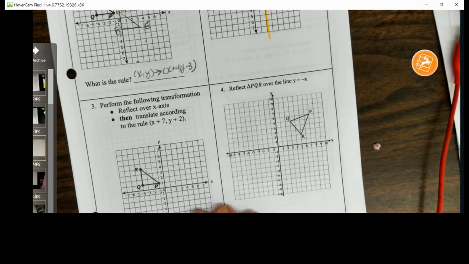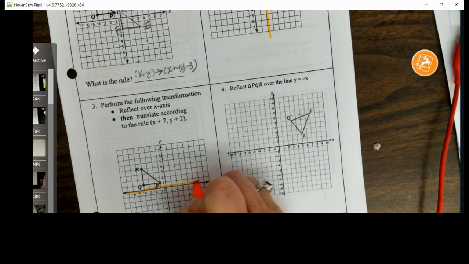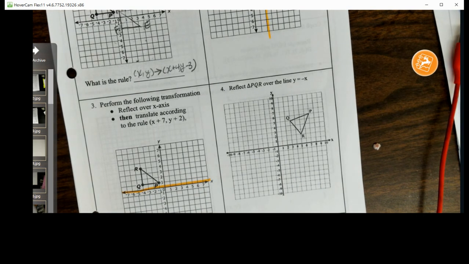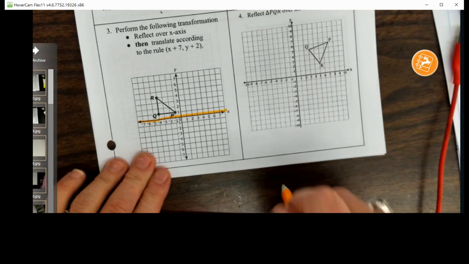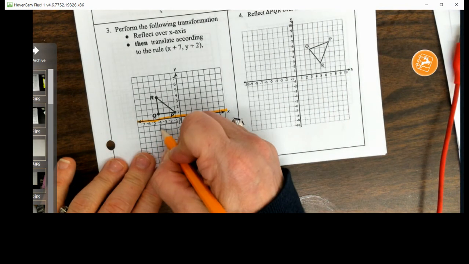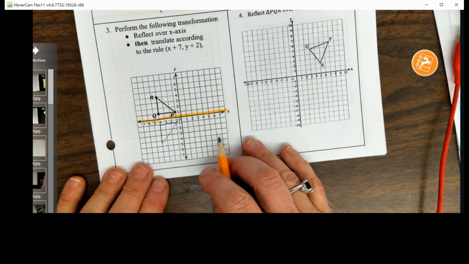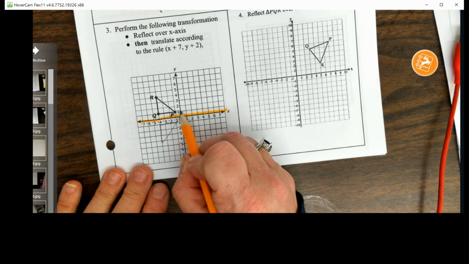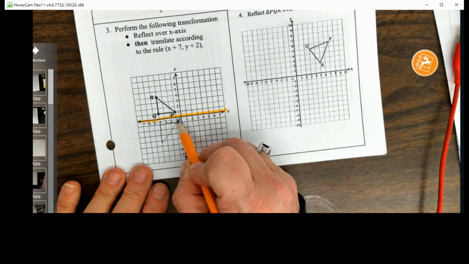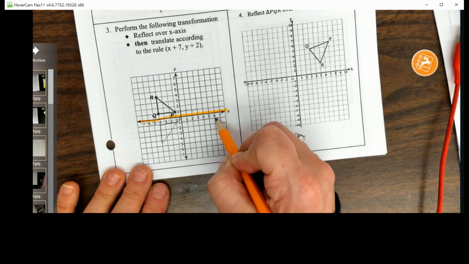It says reflect over the x-axis, then translate. So first we're going to reflect, and then we're going to translate. So reflecting over the x-axis, I like to highlight the axes. And this is my reflection, count in, count out. And now I'm going to translate that. 7 to the right, 1, 2, 3, 4, 1, 2, 3, 4, 5, 6, 7.